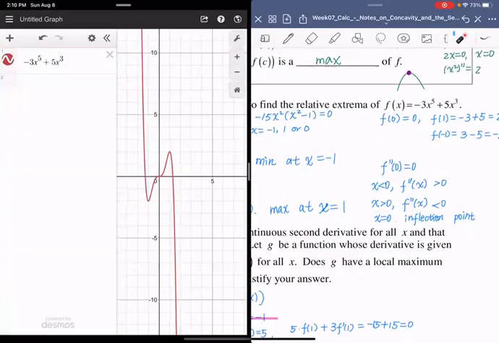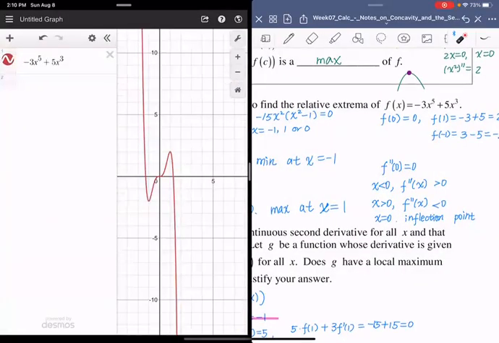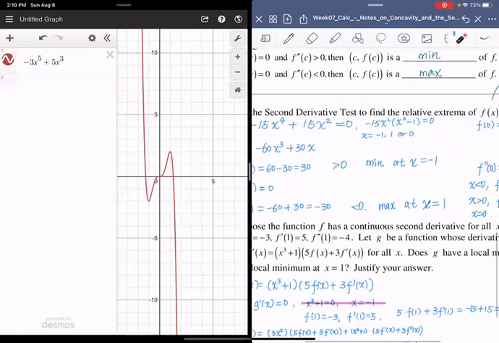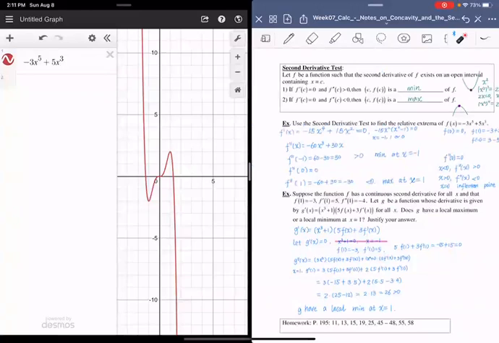Look, candidate's test needs you to have an interval. This one does not tell you the interval. Candidate's test, you have to have the lower bound and upper bound and run the table. This one, they didn't tell you any lower bound or upper bound. You are not able to find the extreme values. So you can only use the second derivative to find the extrema here.